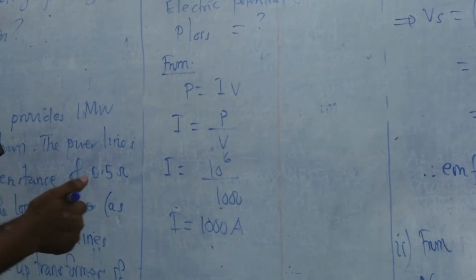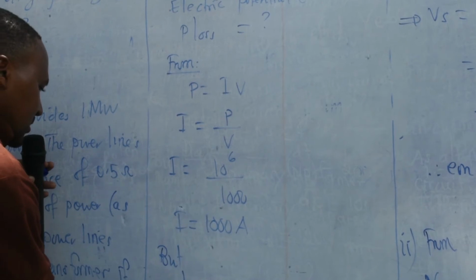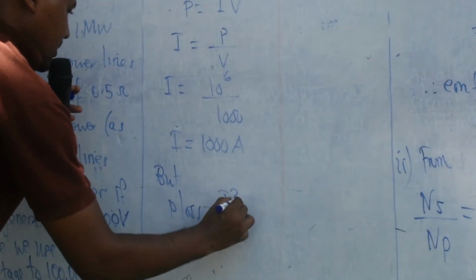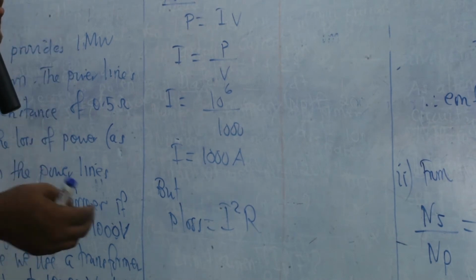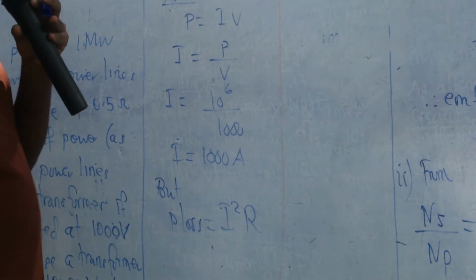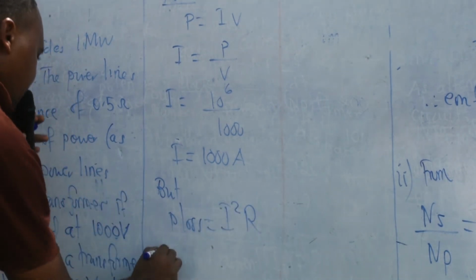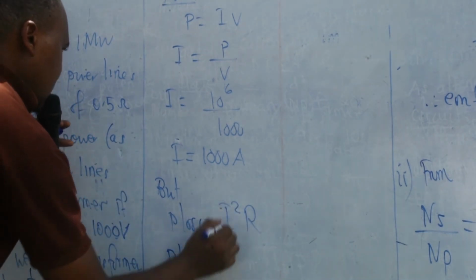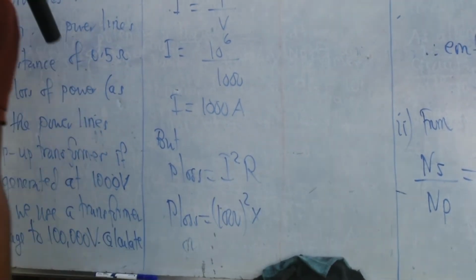But the power loss is given by I square times R. The power which is lost as heat depends on the amount of current passing through the wire times the resistance. I square times resistance. So the power loss is I square, 1000 square, times the resistance.